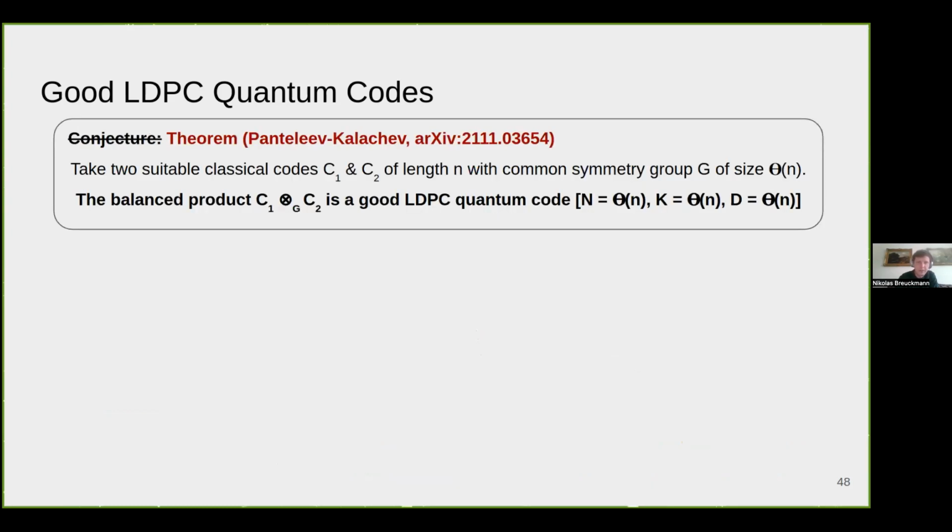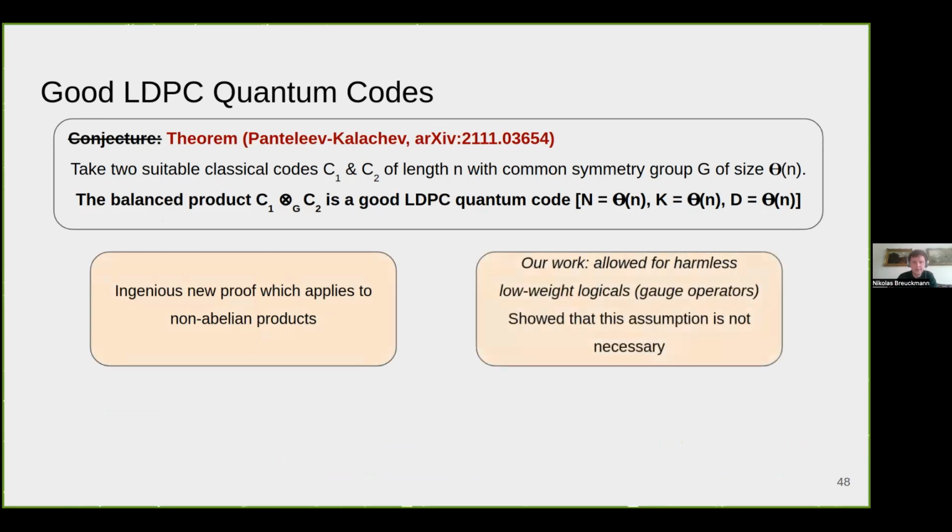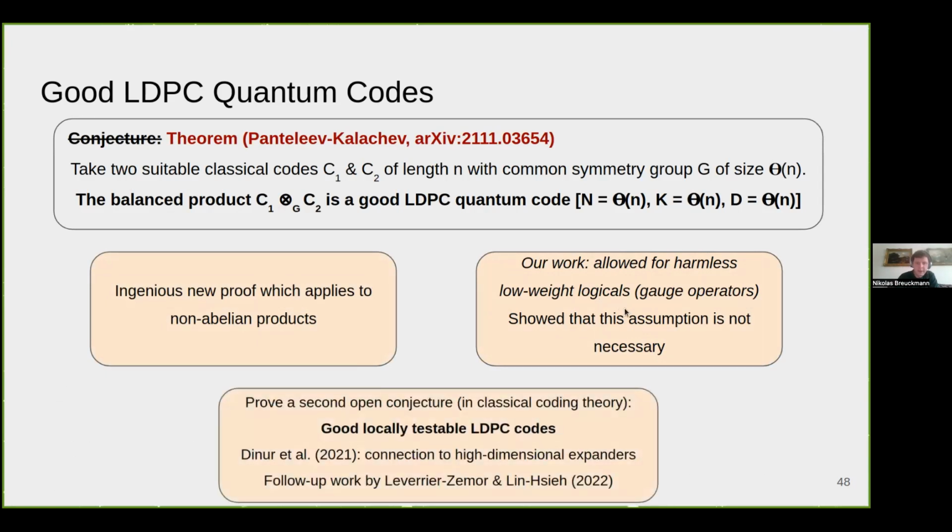However, it was proved by Panteleev and Kalachev, who found an ingenious new proof which applies to non-abelian products. And there's also an additional nice thing that they showed, where they rule out the existence of some low weight logicals. And they also prove a second open conjecture in classical coding theory. So these are so-called good locally testable LDPC codes.